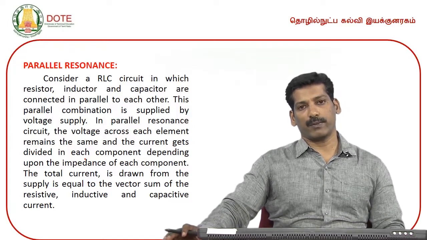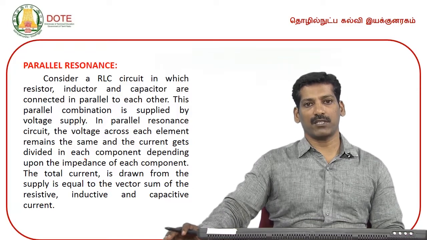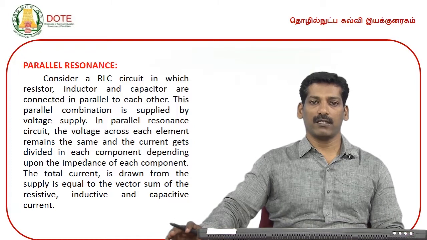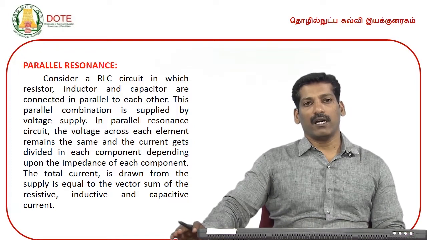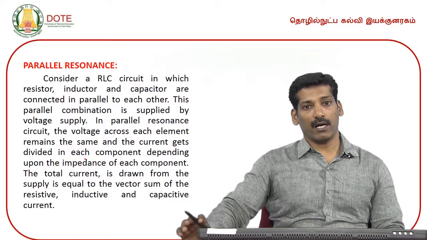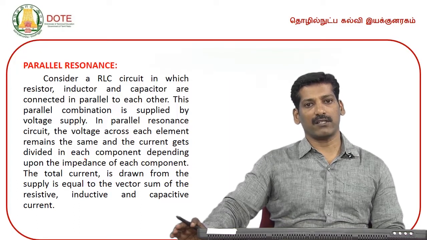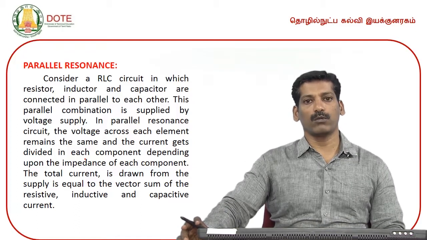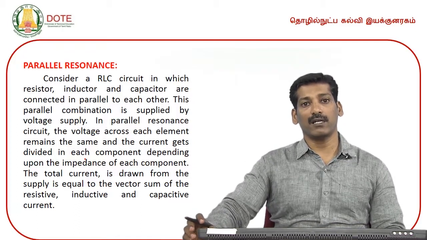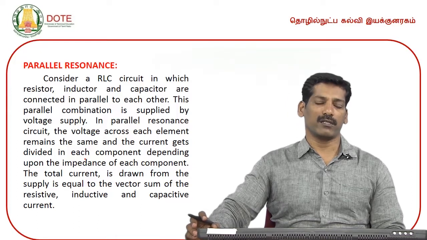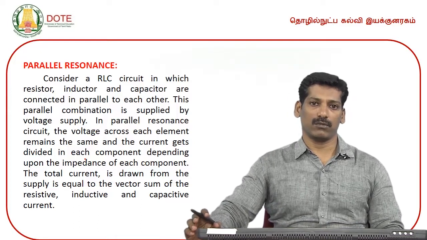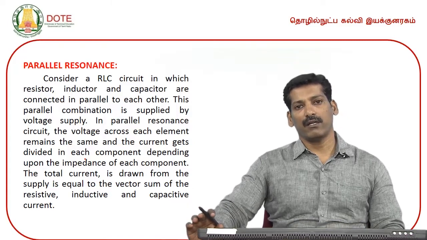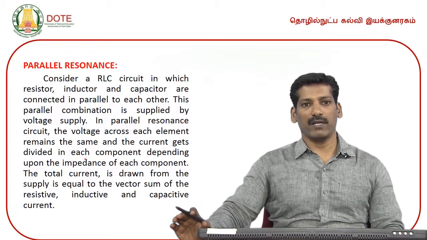We have derived expressions for various parameters such as selectivity, bandwidth, Q factor, resonance frequency, lower half power frequency, upper half power frequency, etc. Then we have dealt with the magnification issues also, how the applied voltage is getting magnified during resonance in a series circuit, while the passive elements R, L and C are connected in series. We have done that also.